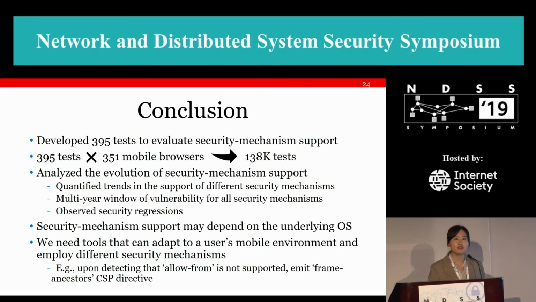They provide a lot of information for the desktop browsers and some of the mobile browsers, but because there are hundreds of different mobile browsers in the market, many mobile browsers are not covered on that website, and there are also many security mechanisms that are not tested by that website. I don't think they consider how the browser works on different Android systems, and that's a very counterintuitive finding in our paper.